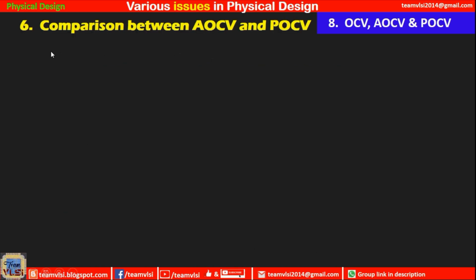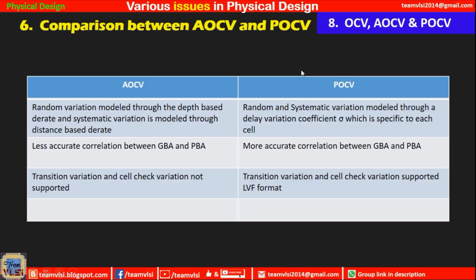So with this, we will next discuss the comparison between AOCV and POCV. In AOCV, random variation is modeled through depth-based derate and systematic variation is modeled through distance-based derate. In POCV, random and systematic variation are modeled through a delay variation coefficient sigma, which is specific to each cell.